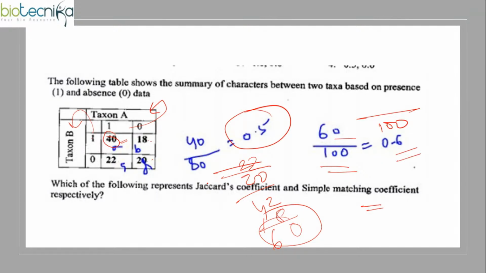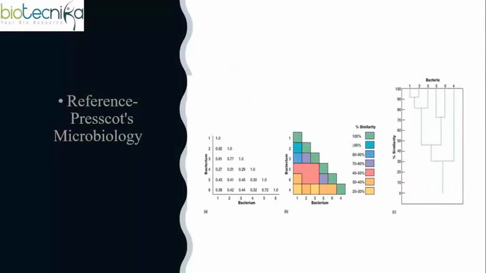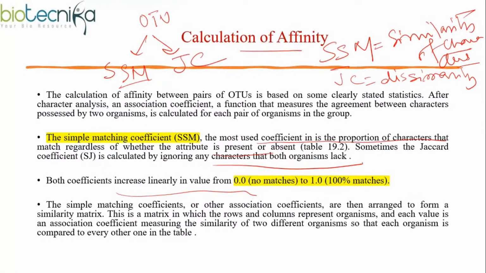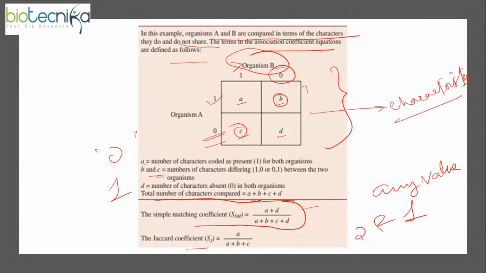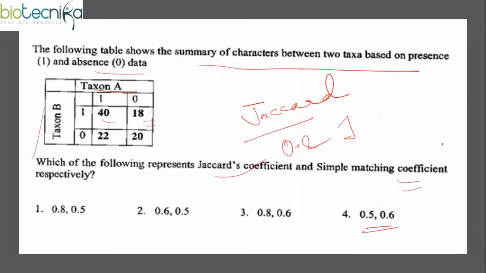And for Jacquard's, if we go back to the calculation again, the Jacquard coefficient should be A here. So A means the matching character which was present for both organism A and B, and we have to add up A plus B plus C. B and C are characters differing between the two organisms.